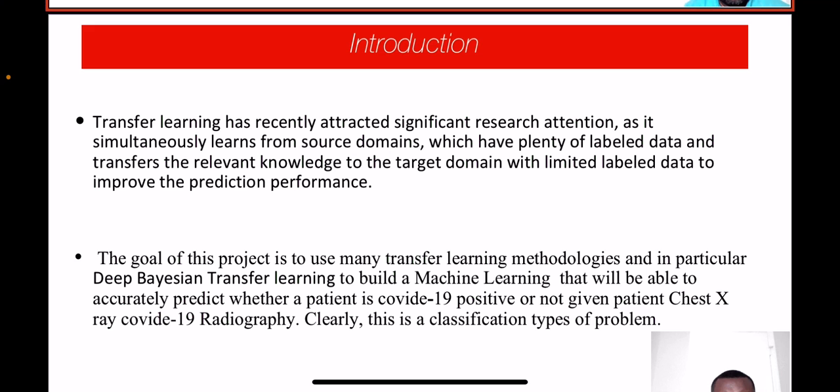The goal of this project is to use many transfer learning methodologies, and in particular deep Bayesian transfer learning, to build a machine learning model that will be able to accurately predict whether a patient is COVID-19 positive or not, given an input chest X-ray. Clearly, this is a classification type of problem in data science jargon.